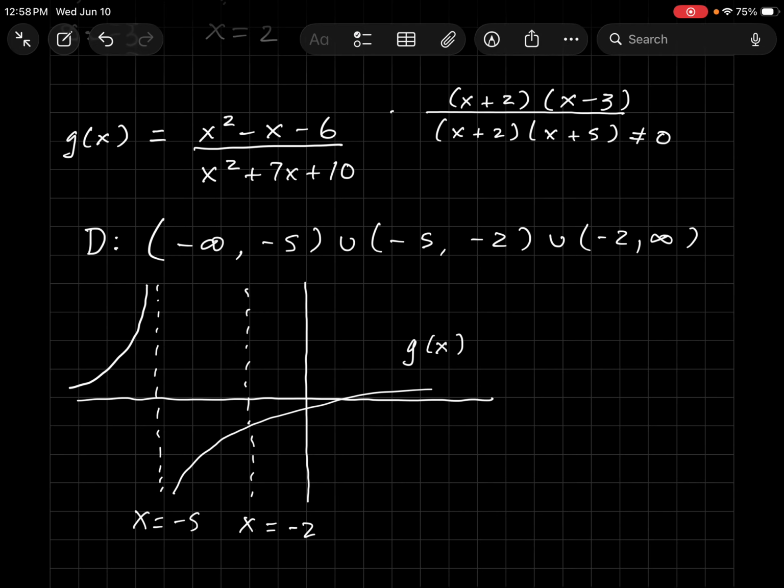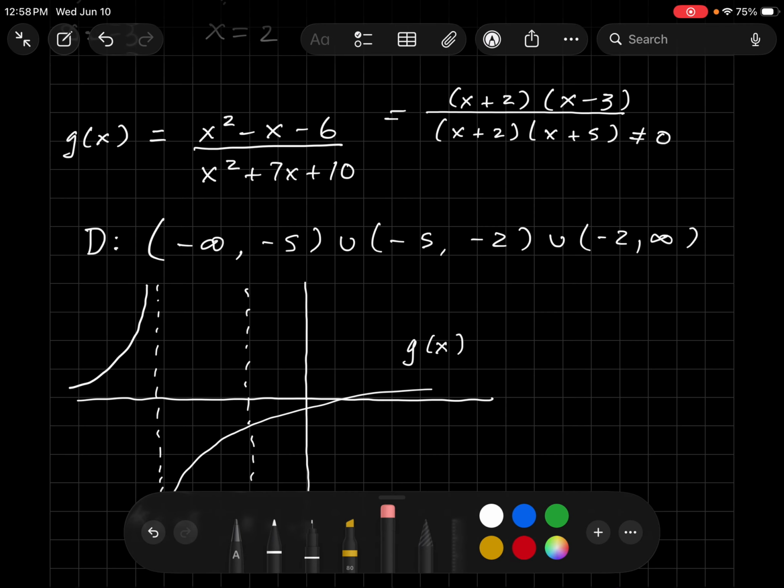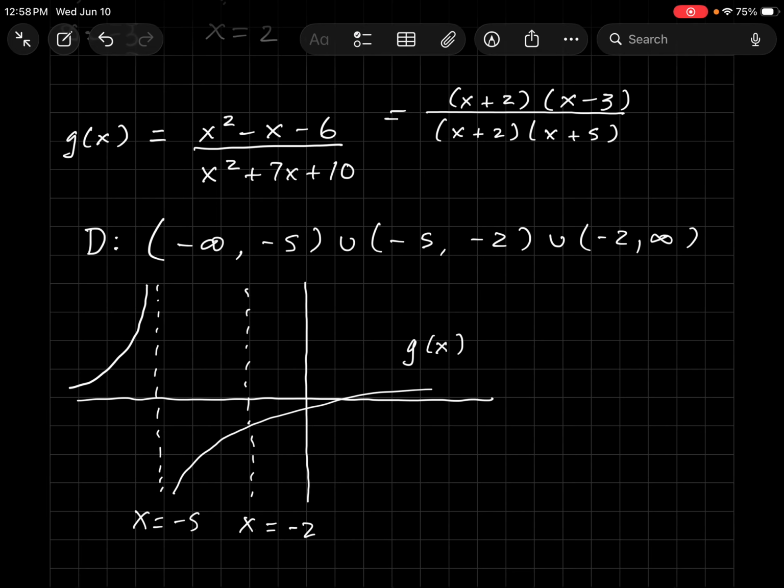Do you see what happens? And I'm pretty sure you do. We see that this x plus 2 in the numerator cancels the x plus 2 in the denominator. That is, I'm supposed to have a discontinuity at x equals negative 2. My domain is correct.